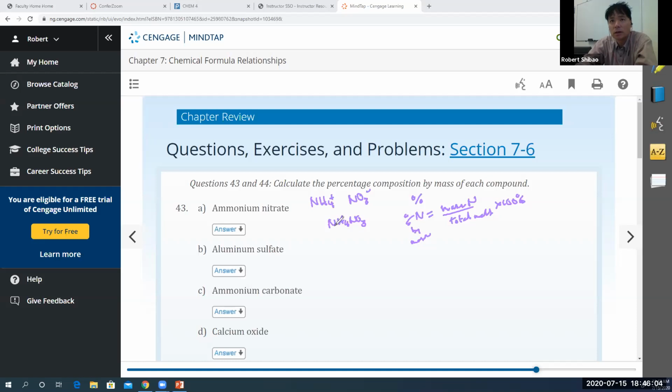For percent by atom, we have 2 plus 4 plus 3, which is 9 atoms. 2 out of the 9 atoms are nitrogen, 4 out of 9 are hydrogen, and 3 out of 9 are oxygen. Then we multiply 2/9 times 100% for percent nitrogen by atom, etc.